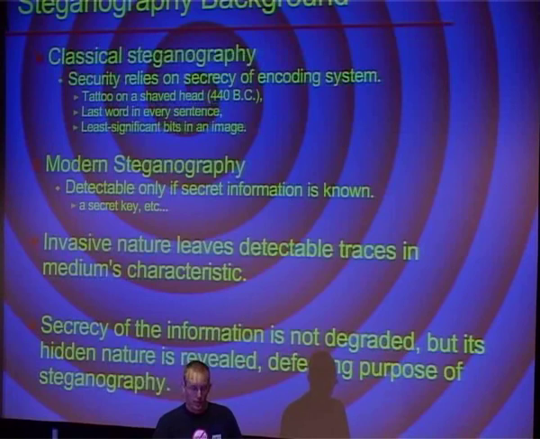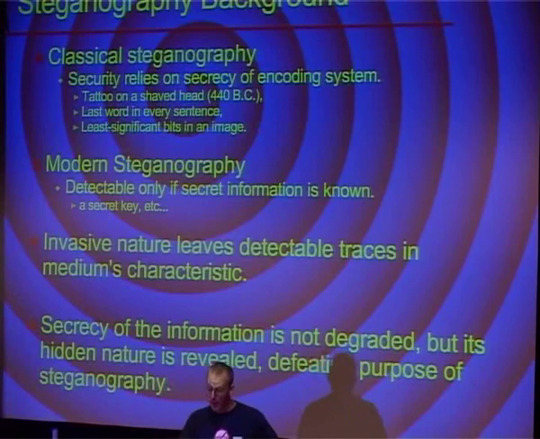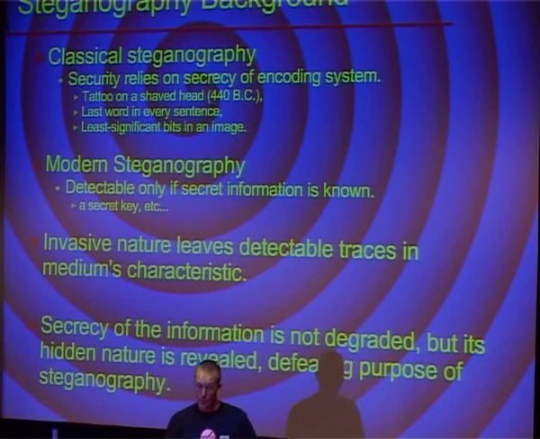Nonetheless, since all these schemes modify the data that you try to hide information in slightly, they leave detectable traces. And if you're able to find a way to point out these discrepancies, you're able to tell that information was hidden, and you're able to break the scheme.